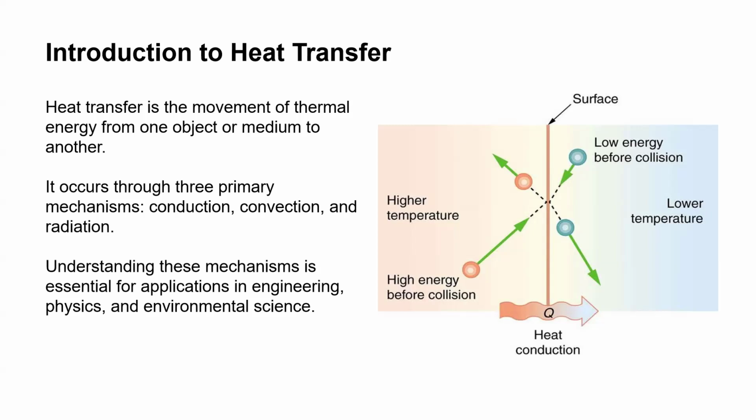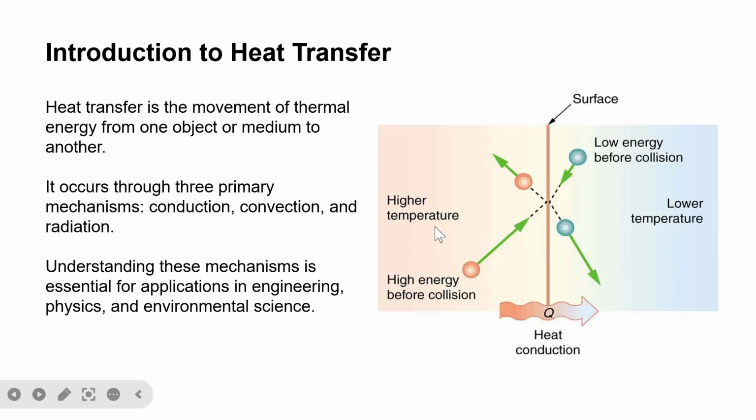Assuming now you have hot water and cold water, when you mix them together, the heat can be transferred from the hot object to the cooled object. So the movement of heat from one point to another, or from one object or medium to another, is what describes heat transfer.